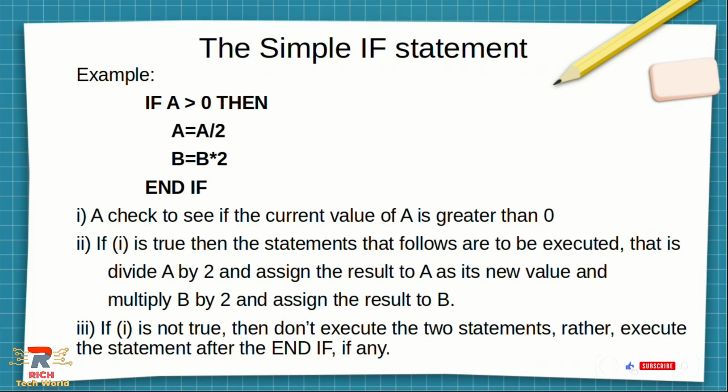We also said operators are always in between operands. So in this case, a and 0 become the operands, and the greater than sign in between becomes the operator. We can clearly identify the greater than sign under the relational or comparison operators.